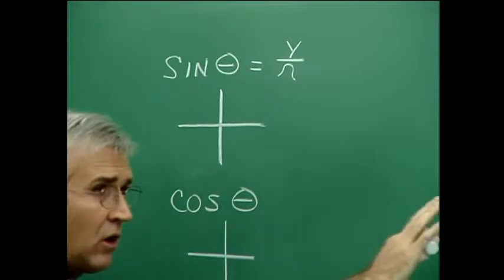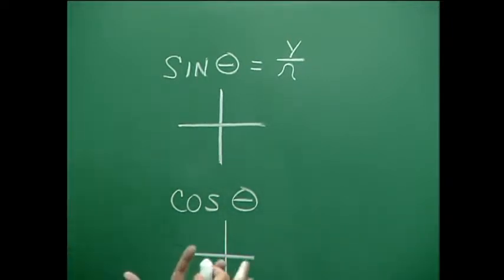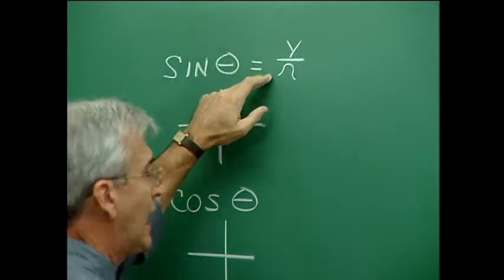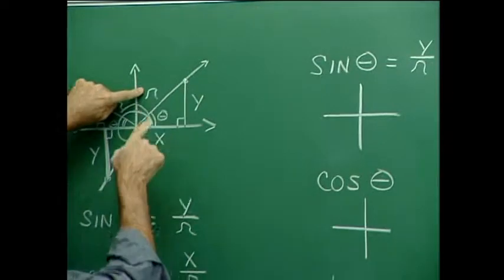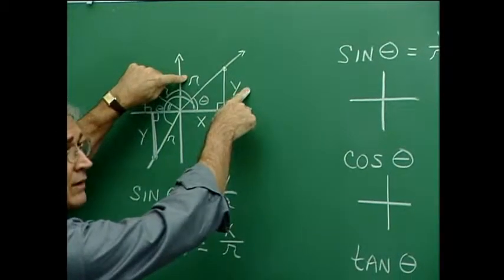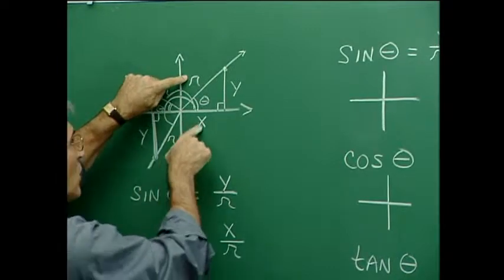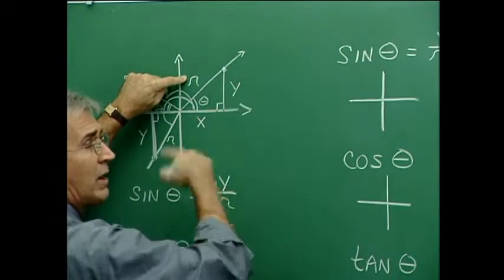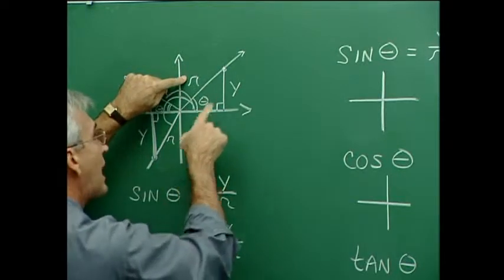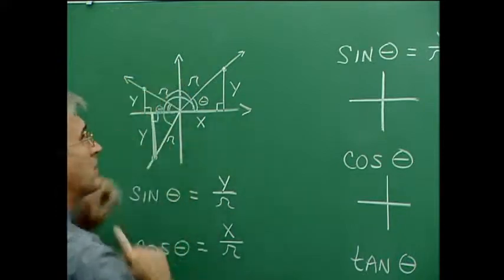We'll consider it to always be positive because, if we're using the Pythagorean relationship to find r, r squared is equal to x squared plus y squared. So r is the square root of x squared plus y squared. It doesn't make any difference whether x and y are positive or negative because they're being squared in the calculation of r. And so r will always be positive.